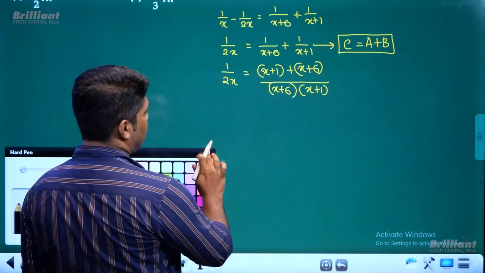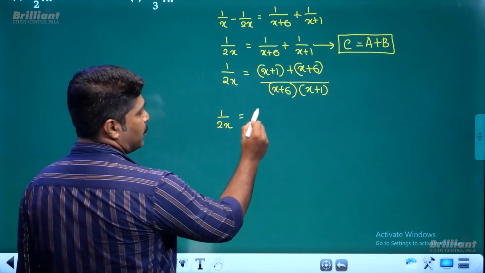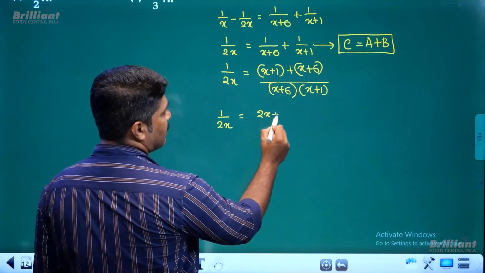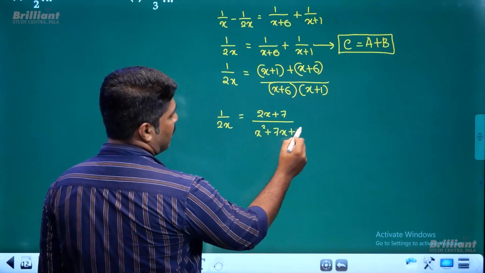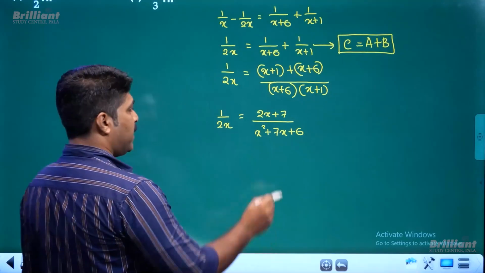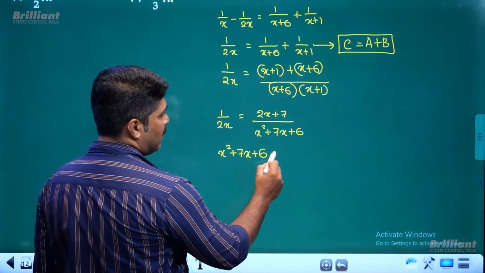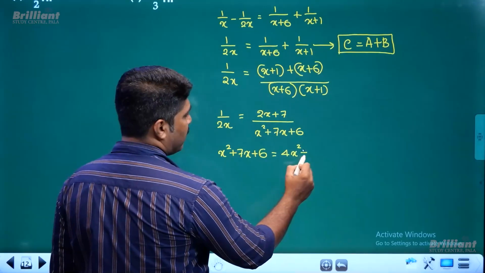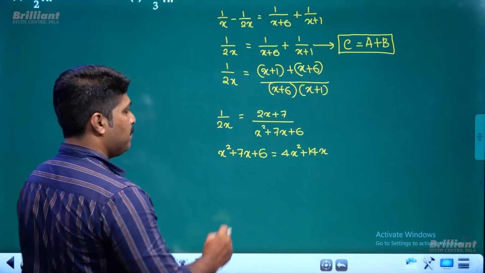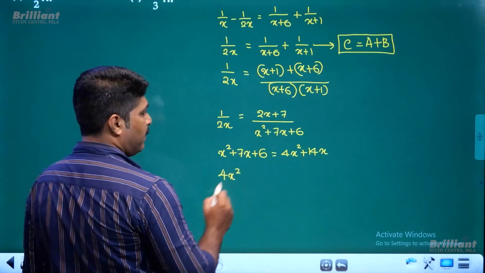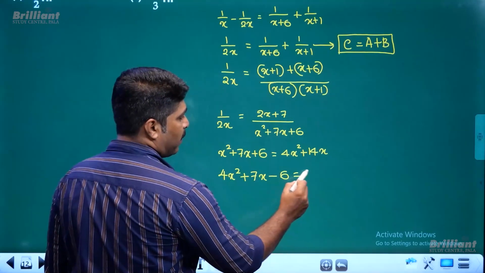This is equal to 1 by 2x is equal to, on the right side, numerator 2x plus 7 divided by denominator x square plus 7x plus 6. Just do the cross multiplication. Here x square plus 7x plus 6 is the same as 4x square plus 14x. So make it a proper quadratic equation form. Here it is 4x square plus 7x minus 6 equal to 0.